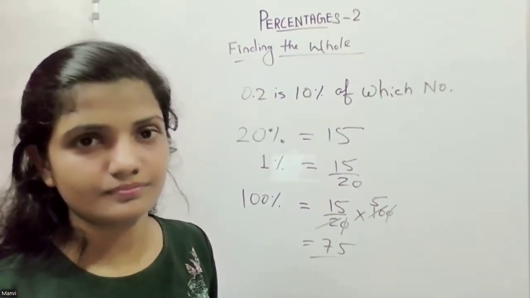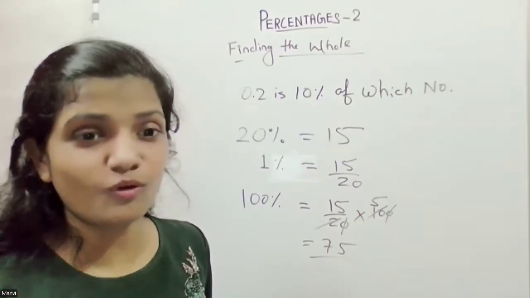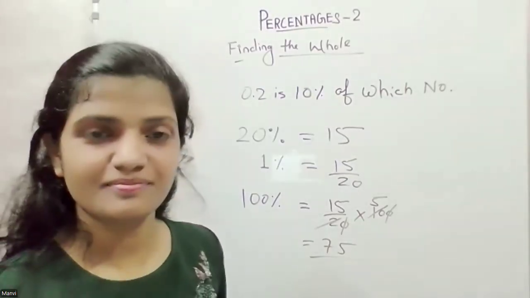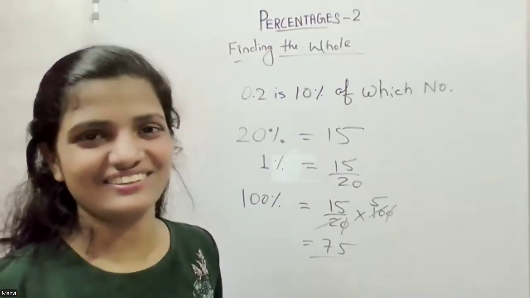Is the answer 20? How did that extra zero come, Kavya? Oh, just 2. Very good.